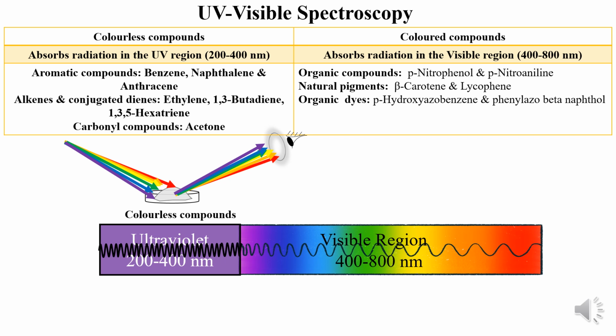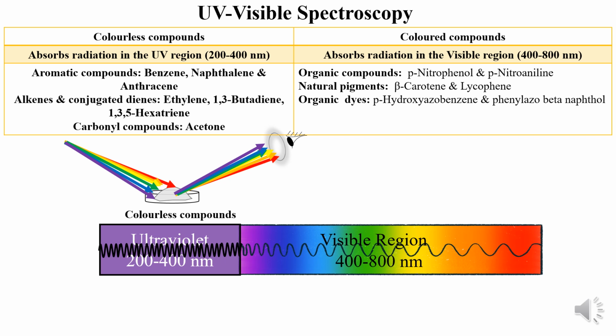But in case of colorless compounds, as the wavelengths of visible radiation striking the molecule are not absorbed, they are reflected back unabsorbed, and this reflected radiation strikes the eye and it produces white light.